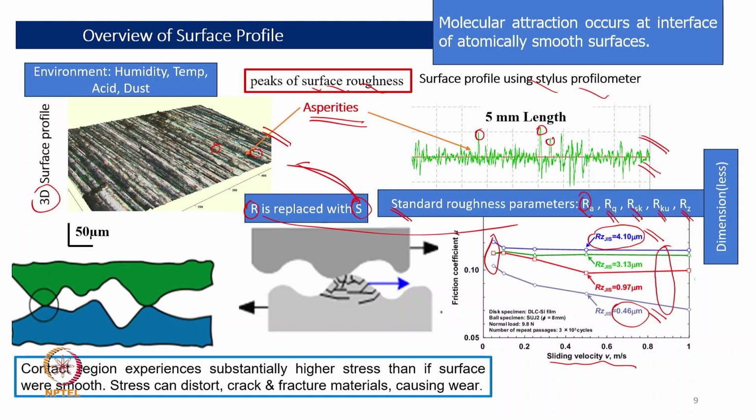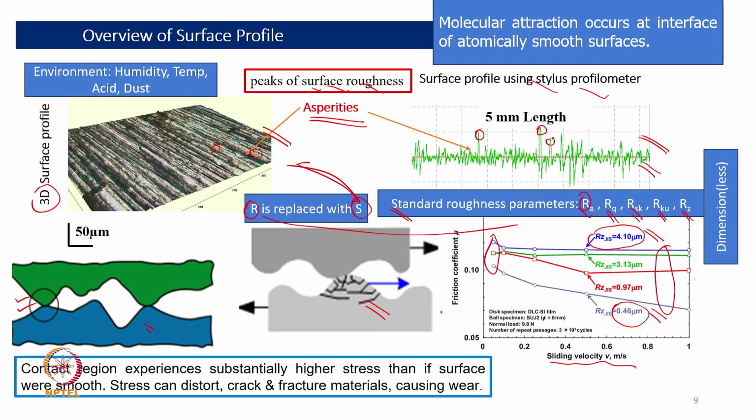Now, what situations are possible when two surfaces come into contact and make an interface? That's what we are trying to show in this case. When the two surfaces come into contact, the first possibility is adhesion, and another possibility is plowing or fracture, which causes cracks and removes material from the surface. So this is important in one aspect, and there's another aspect.